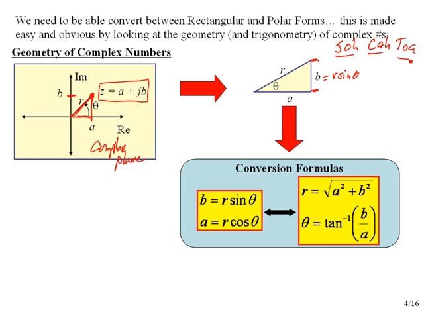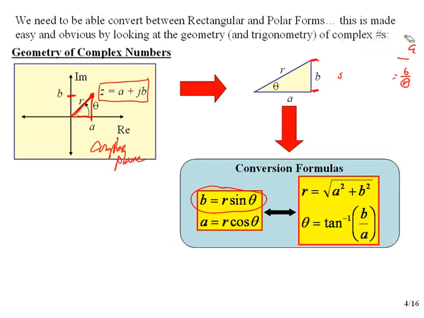That's the SOHCAHTOA. So sine of theta is equal to opposite over hypotenuse, and we're now swinging the r over to there. So we get this result, and that's this answer right there.